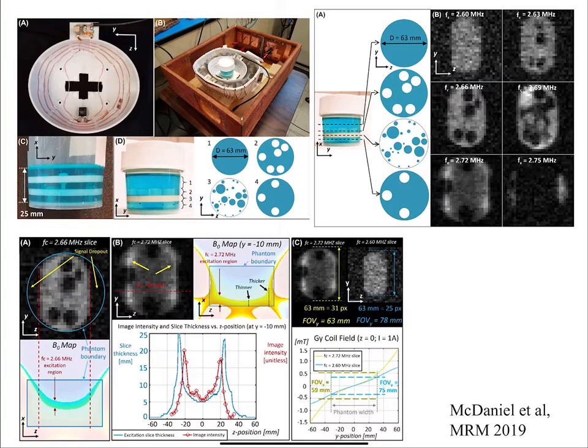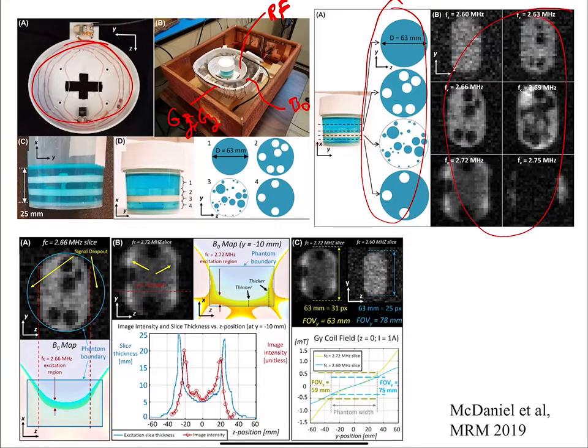And then they have some more wires for the RF transmit. So if you look here, this is the RF. Here's the B0, and here's the GX and GY, or I think they did GZ and GY there. With all that together, they imaged this phantom here, and these are the images they get.